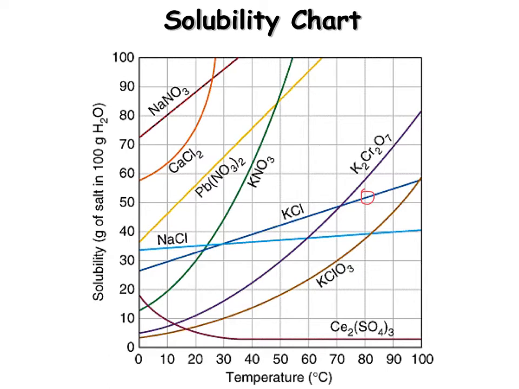Or at 40 degrees, you would be able to dissolve 65 grams of potassium nitrate. Can you tell which substance on here is a gas? One of the trends with gases was that as temperature increases, solubility decreases. So cesium sulfate would be a gas. So just things you can interpret from a chart.